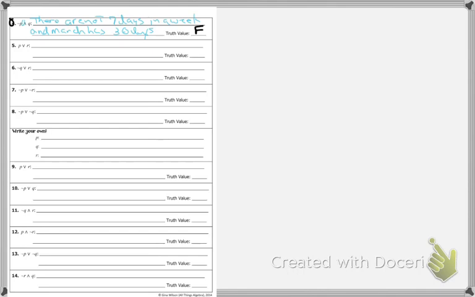But now let's try the other one. Now we're using the upside down V. This is or. This conjunction has to do with or.